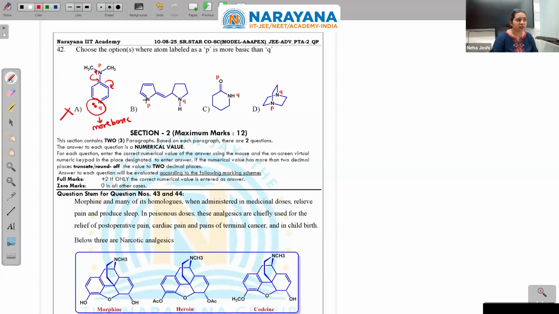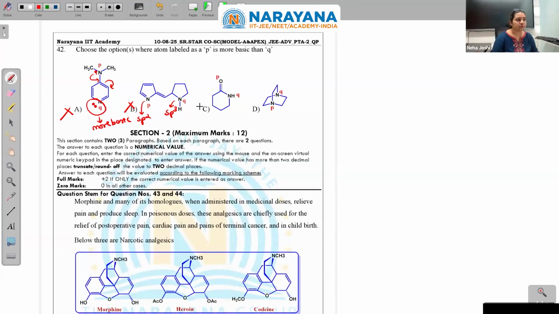If in the same way I start checking here, okay, this is my sp3 donor. This is my sp2 donor. So an sp3 donor will be better than an sp2 donor.